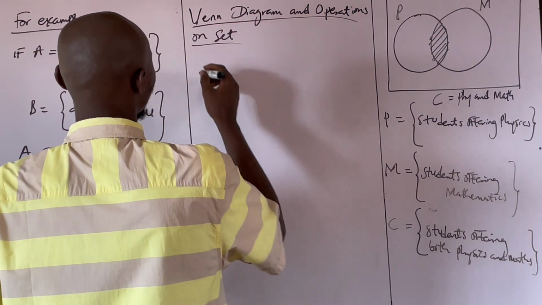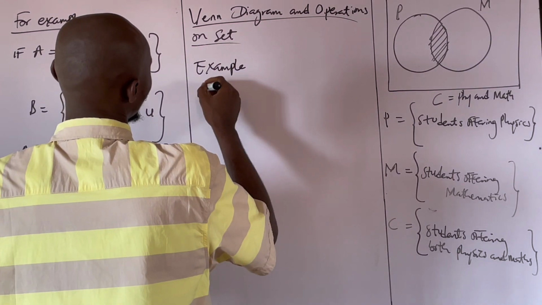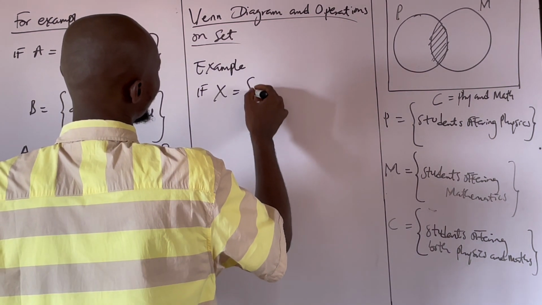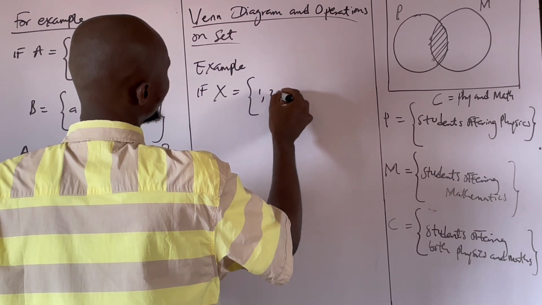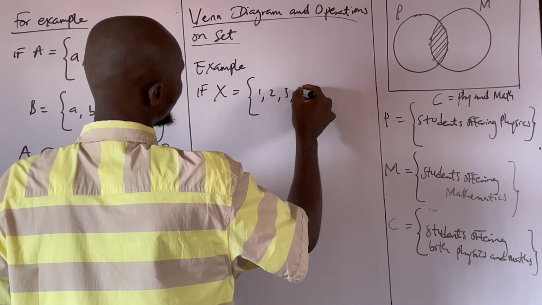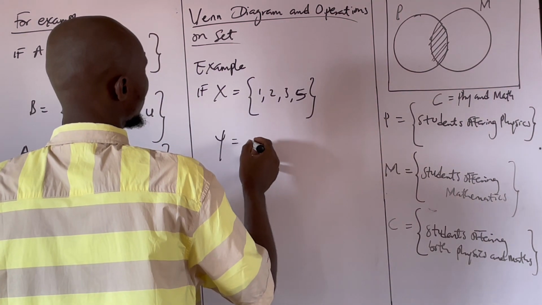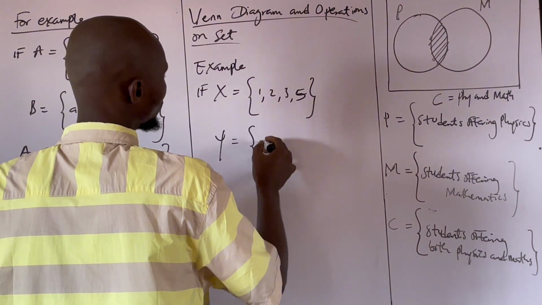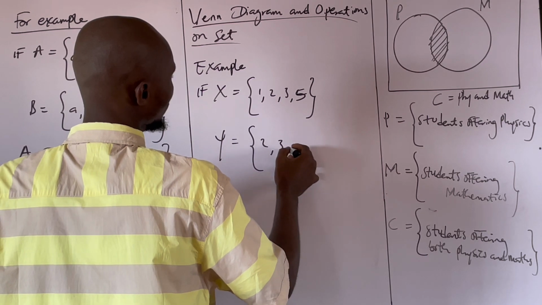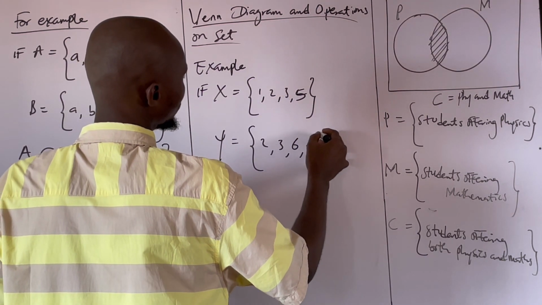If we have another example, if x is equal to 1, 2, 3, 5, and y is equal to 2, 3, 6, 7.